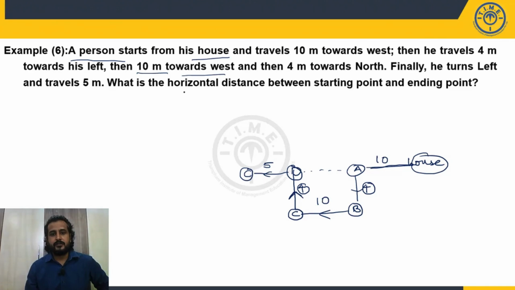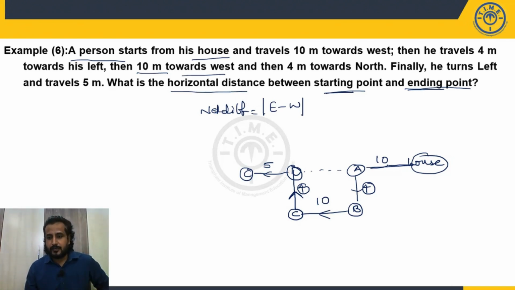Now what is the given question? What is the horizontal distance between starting point and ending point? Okay, so here what are they asking for? Net difference. What are the horizontal directions? East and west. Net difference they are asking for.